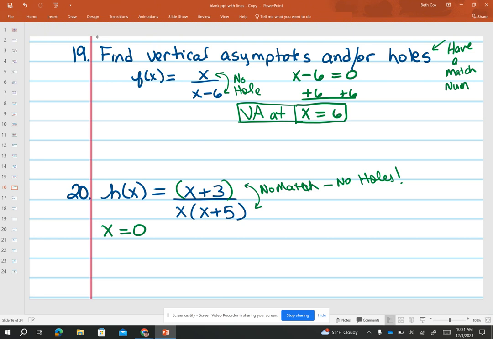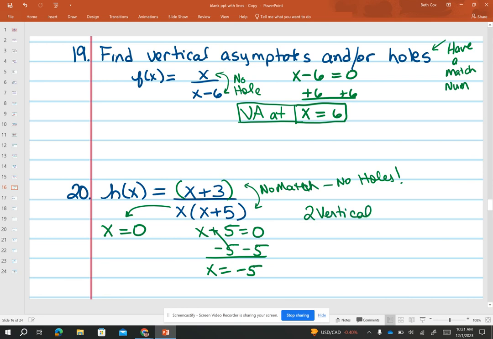So actually in the denominator, I have 2: x equals 0, and x plus 5 equals 0. So I have 2 vertical asymptotes. That is possible. I have 2 vertical asymptotes at x equals 0 and x equals negative 5.